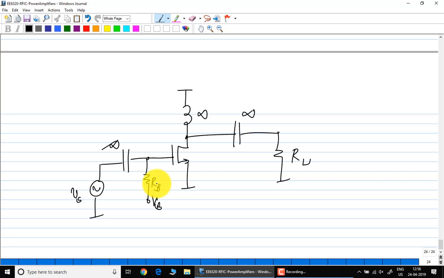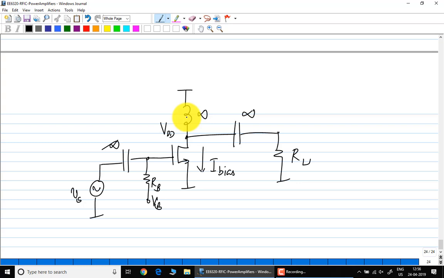I want to bias it such that the conduction angle is 180 degrees. What should I have to do? At the threshold between cutoff and conduction. The drain bias is VDD, so the triode region is very far away.